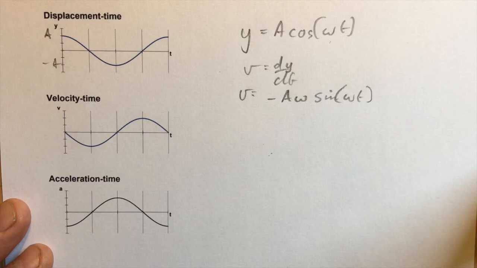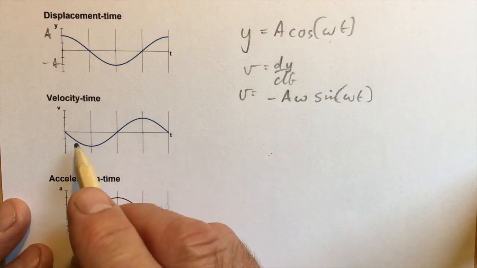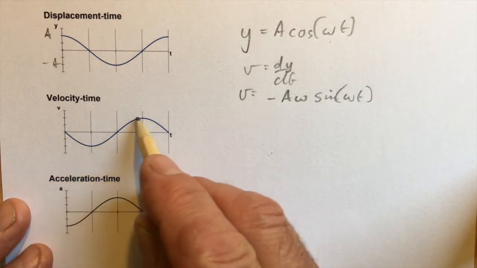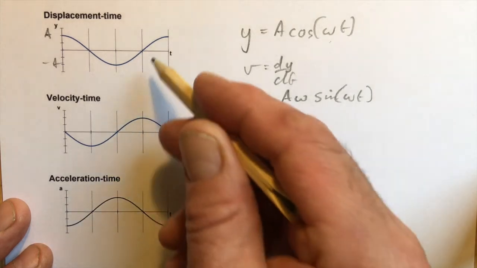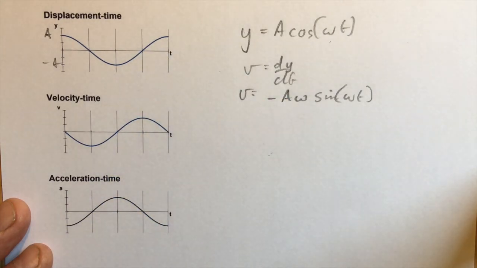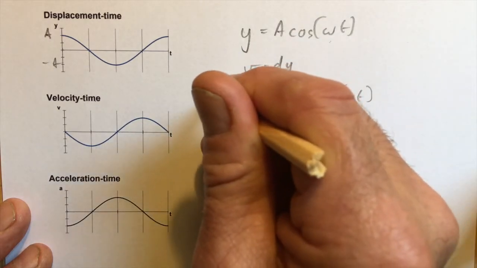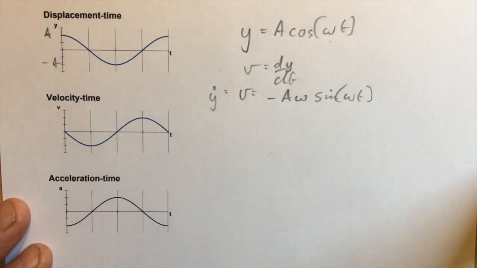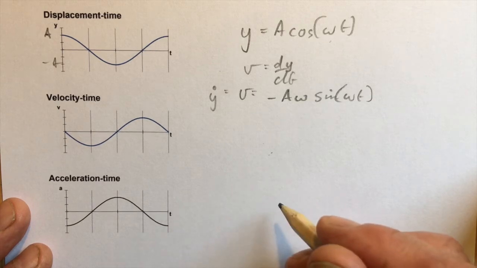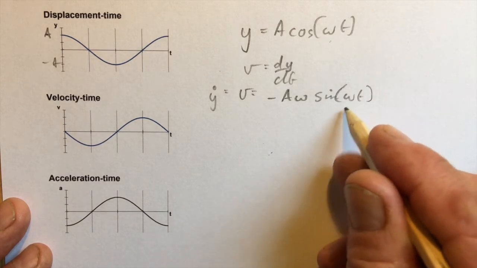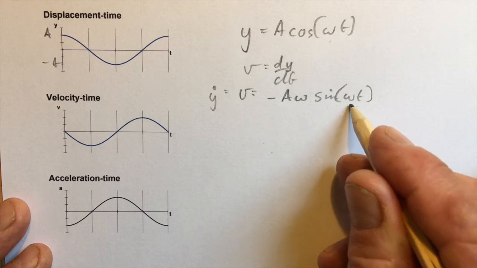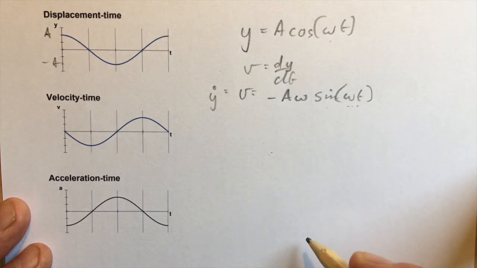So you can see what we've got here is actually the negative of a sine curve, and that's come from what we had earlier. That's often referred to as y dot in Newtonian notation. Next stage is to get the acceleration. So again, we're differentiating sine, which means you multiply by whatever's inside the brackets.